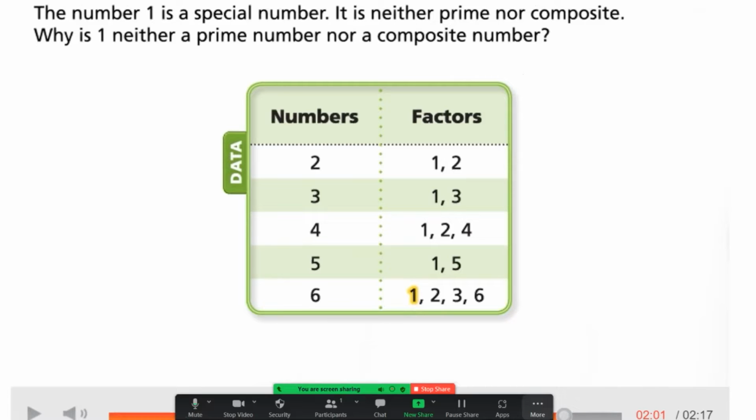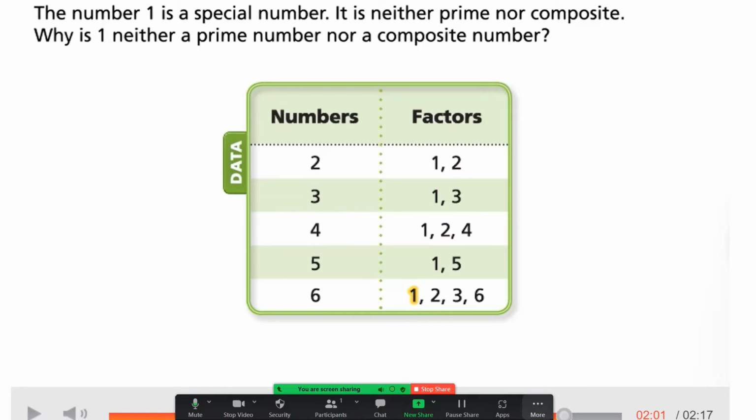Now for this question, we need to stop and think about what prime and composite mean. Now the definition of them is that they are a whole number greater than 1. For a prime number, it has to have exactly two factors. So the only way you can make 1 is doing 1 times 1, which means it doesn't have two factors.